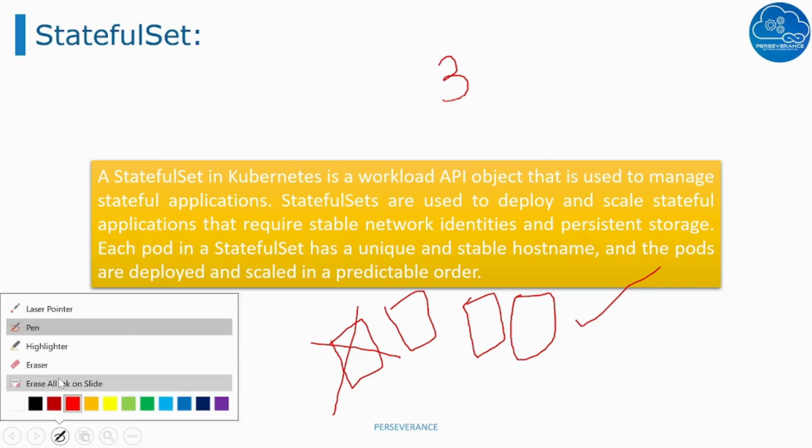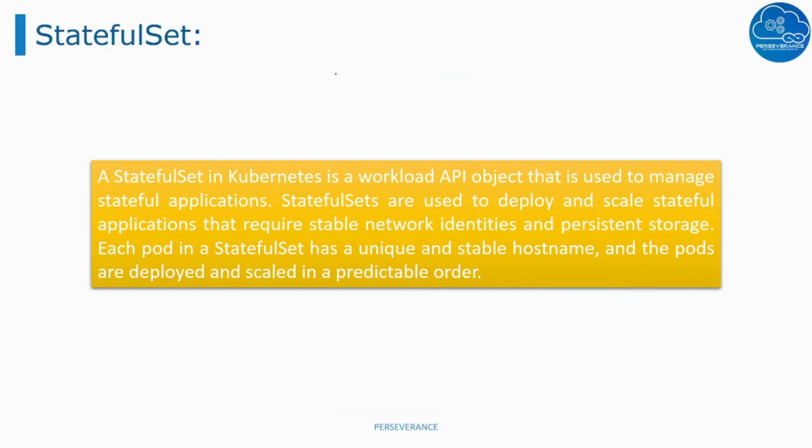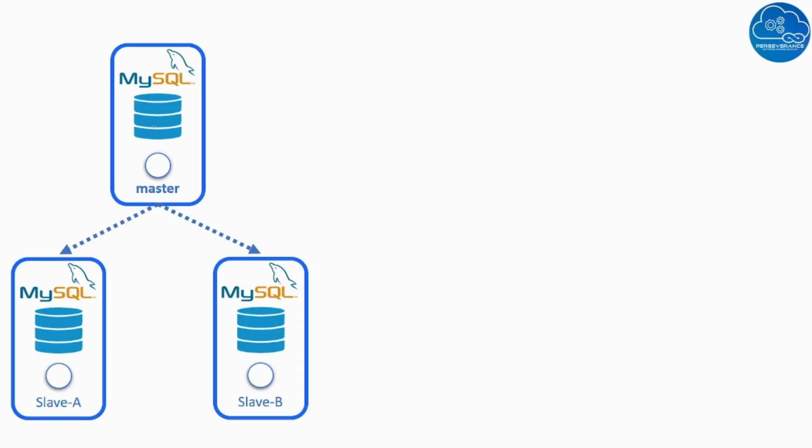There will be cases like, for example, MySQL databases or any database solutions, which have an architecture where we have one master of MySQL and 2 other slaves. The data is pushed to the master firstly, and from the master the data will be replicated to slave A and slave B to maintain high availability.